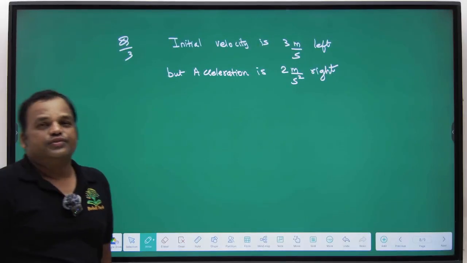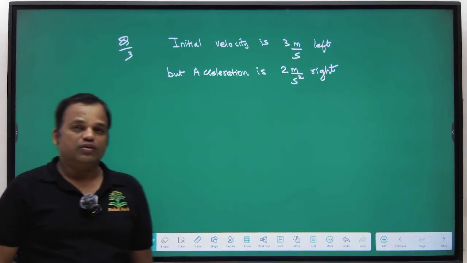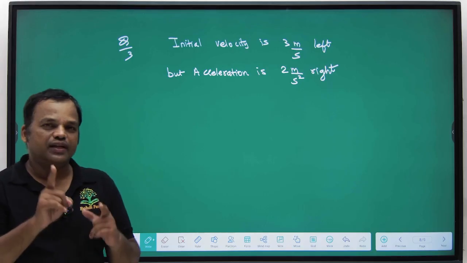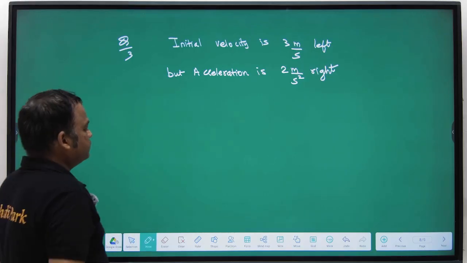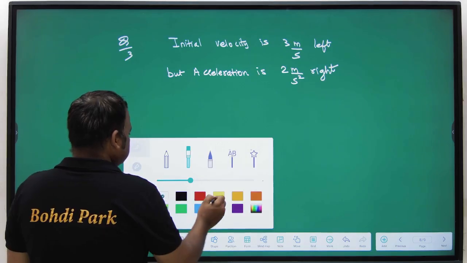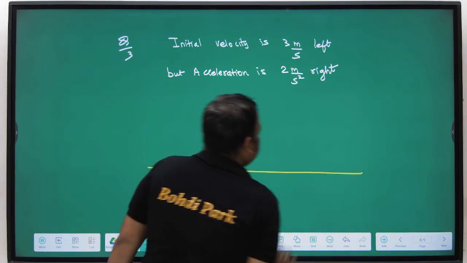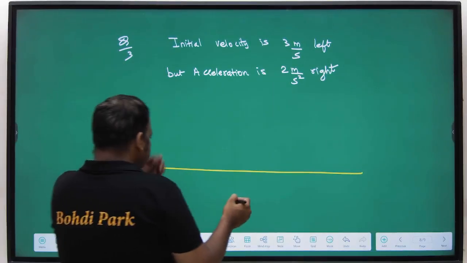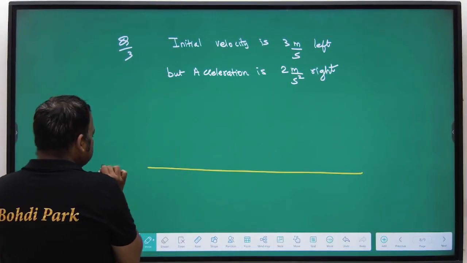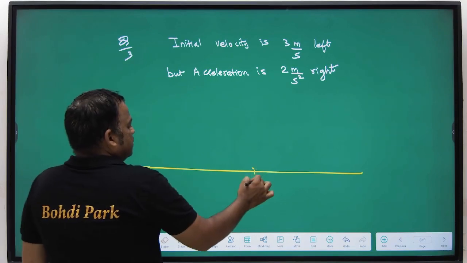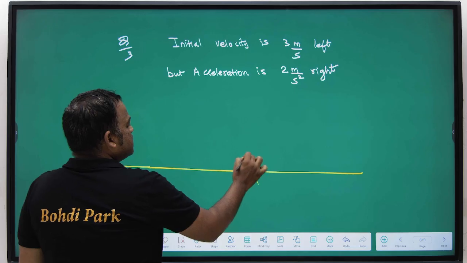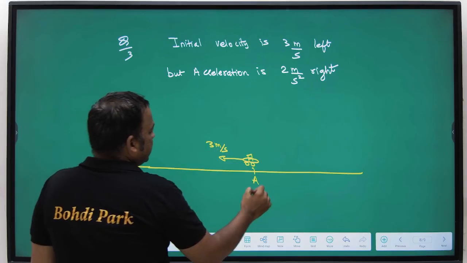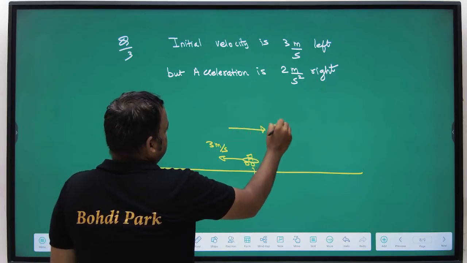Now what is the situation here? Acceleration is opposite to velocity. So when acceleration is opposite to velocity, velocity decreases. So suppose this is the straight line along which the particle is moving. Initially the car is at A and the velocity is 3 meter per second, but the acceleration of the car is right side.